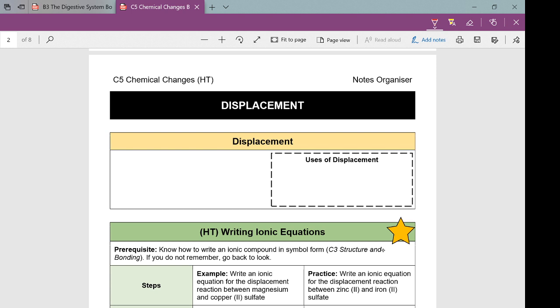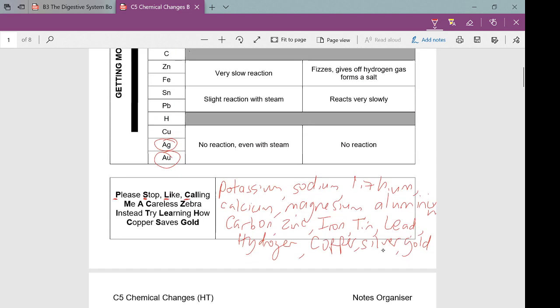So if you imagine, say, we have, I'm going to draw this out. We're going to call this potassium. I'll just write K to make it easier. So this is potassium. Potassium has huge muscles. He's very reactive. And he comes across, let's pick copper.